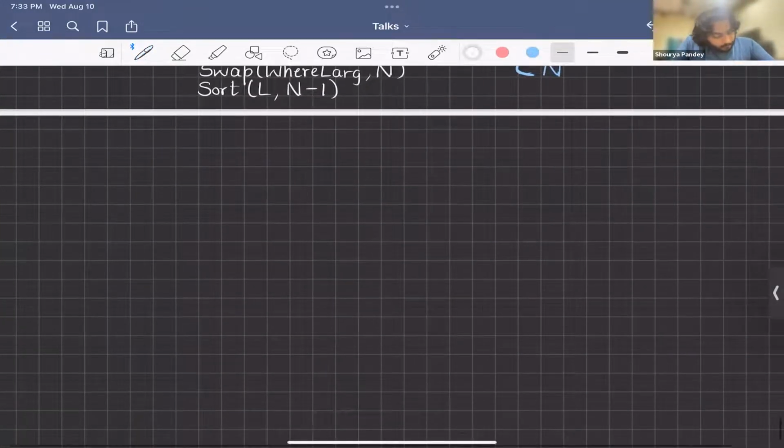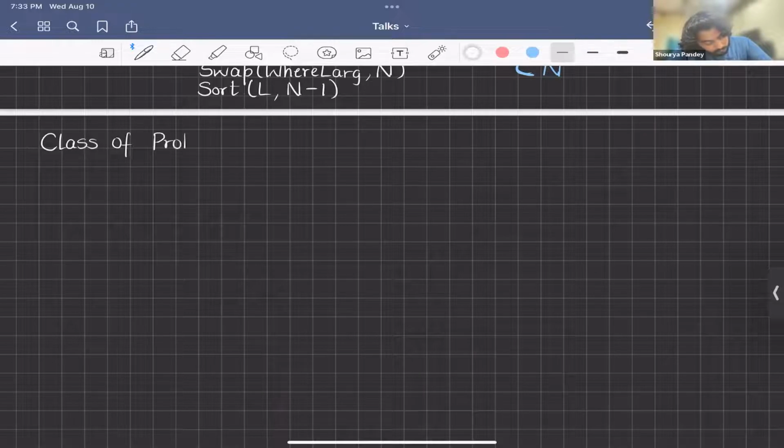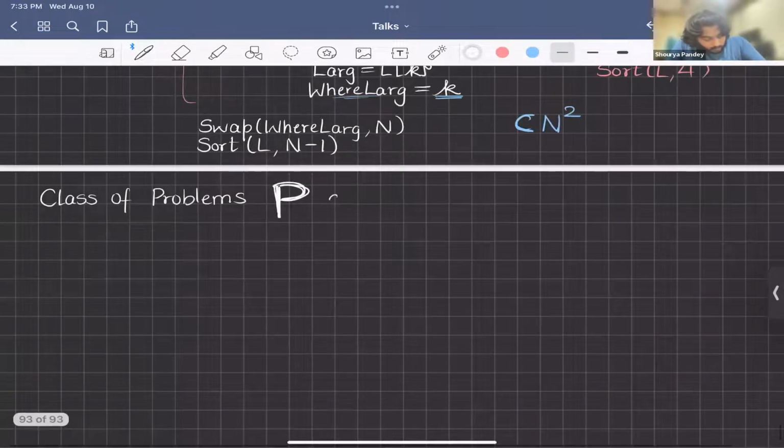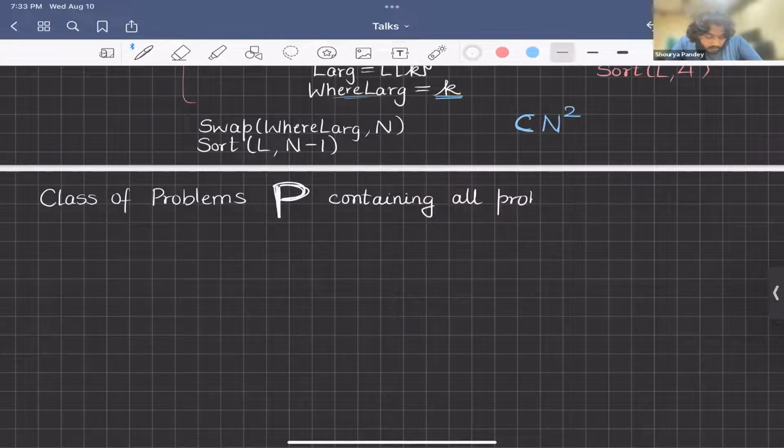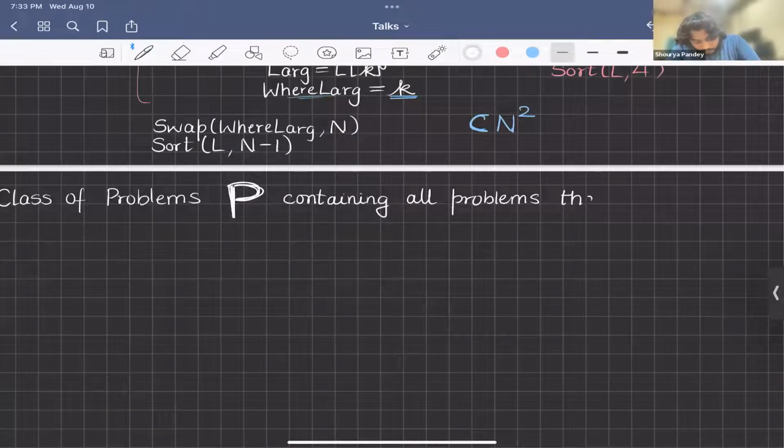So I have this set of problems, this class of problems called P, containing all problems that can be solved in polynomial time.